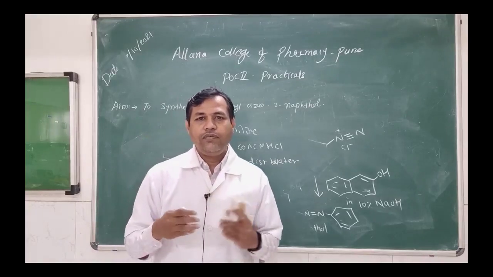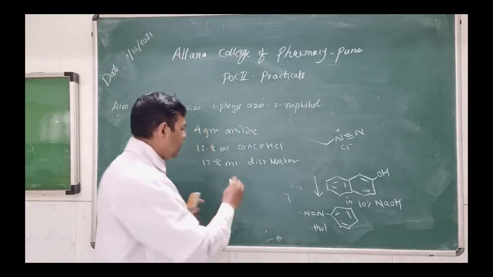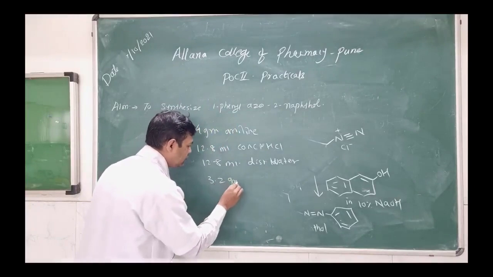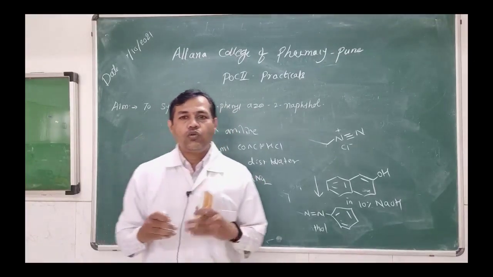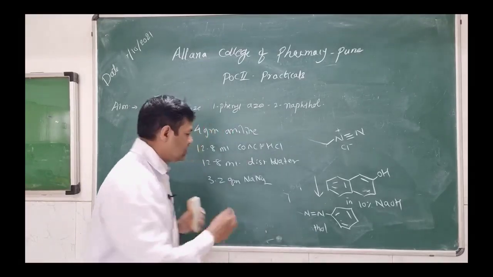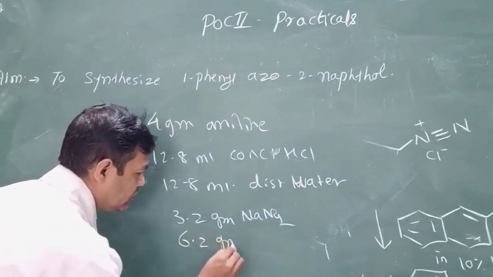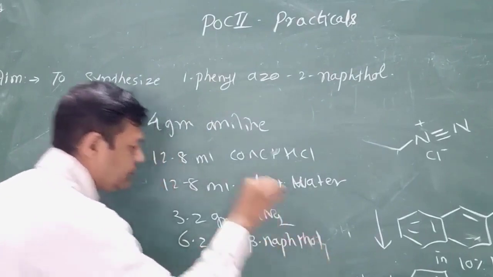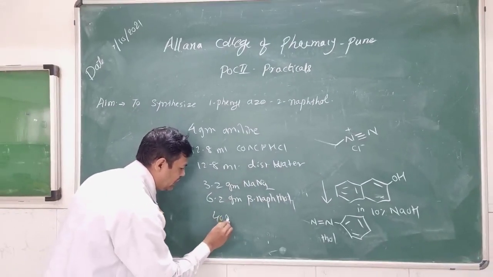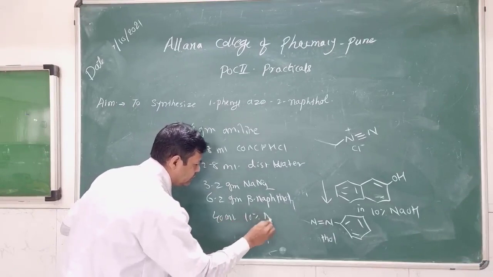Next we will be needing 3.2 gram of NaNO2. And also around 6.2 gram of beta-naphthol, and then around 40 ml of 10% NaOH.